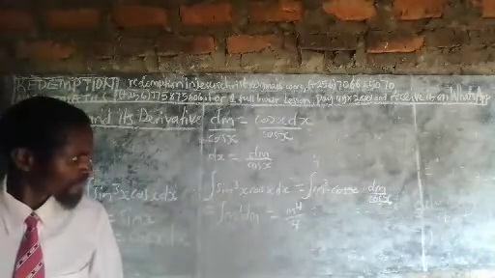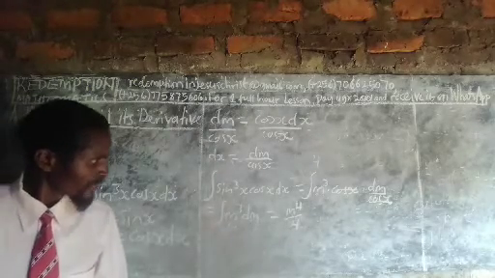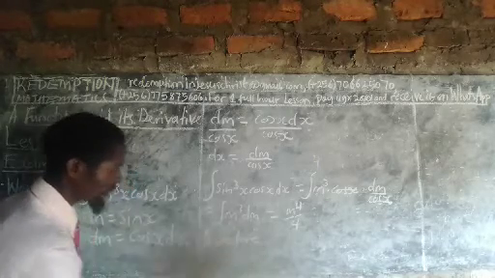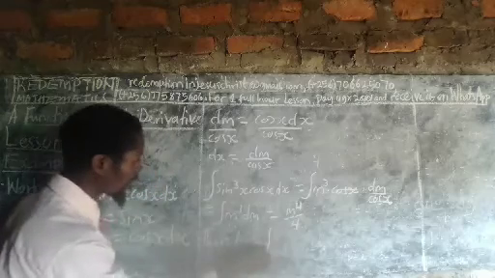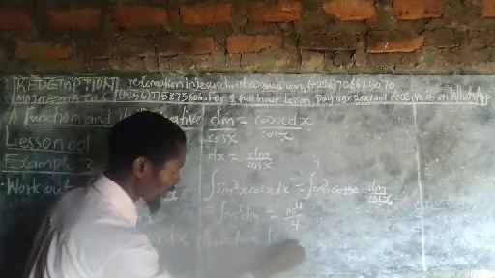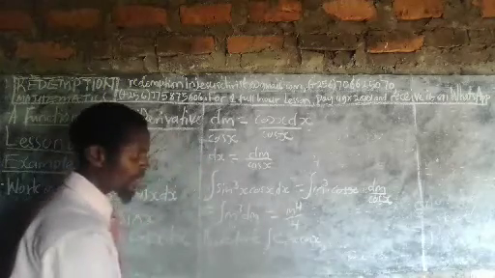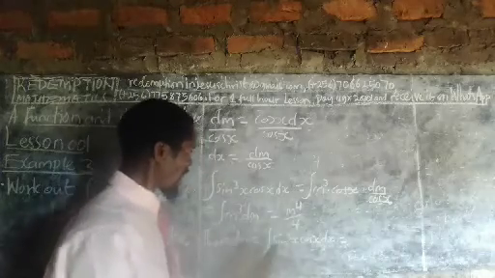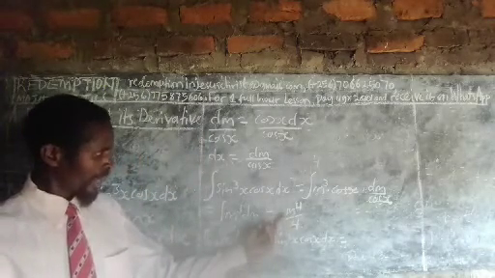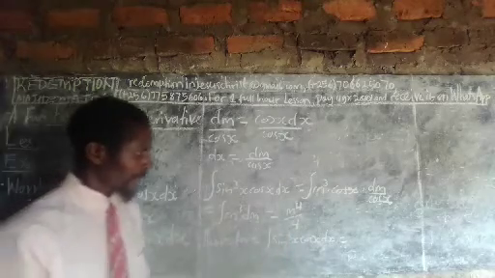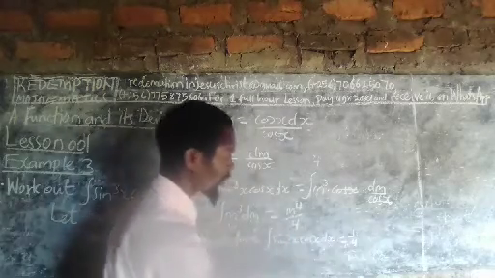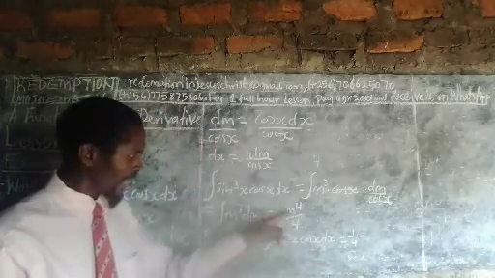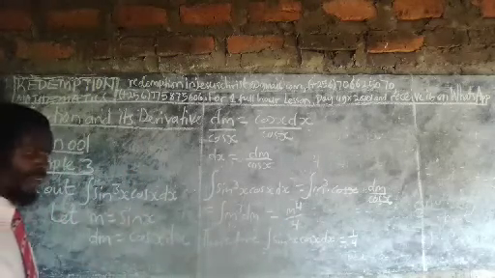Okay, now it follows that the integral of sine cubed x cos x dx is now equal to m power 4 over 4, which I can write as 1 over 4 times m power 4, and m is sine x.